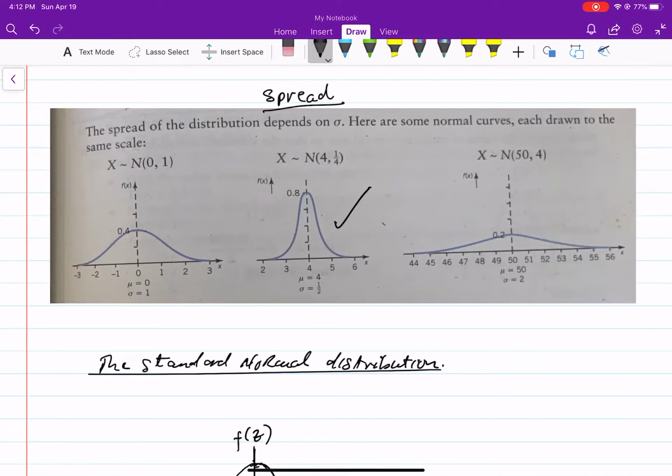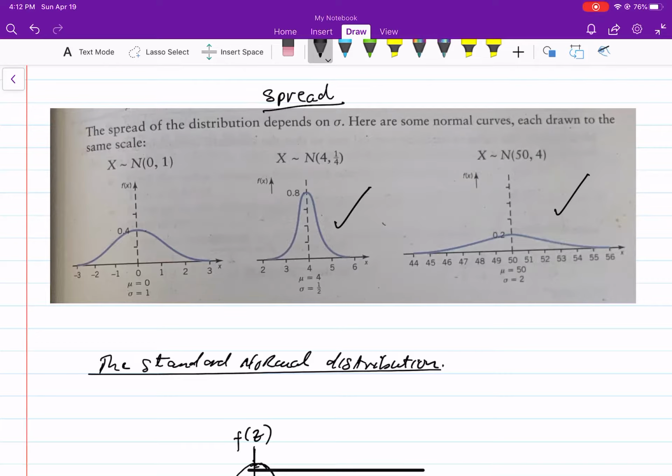Once it has a small variance, which means it's narrower, then it has to be taller. The third one, this one here, it's wider, which means it has a larger variance. But the fact that it has a larger variance and it's wider means it has to be shorter. The obvious reason being that you have to maintain a total area under the graph of 1. If the curve gets taller, it can't at the same time get wider, or you would not be maintaining an area of 1. So that kind of makes sense.